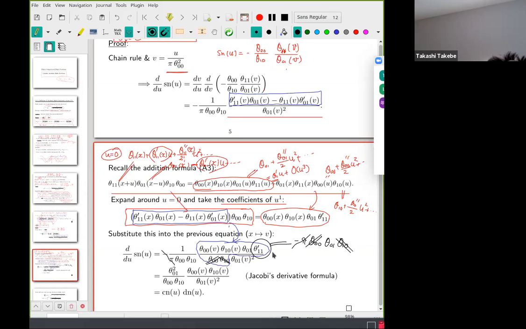So we have 2 theta 0, 1 above, and theta 0, 0 and theta 1, 0 are below.